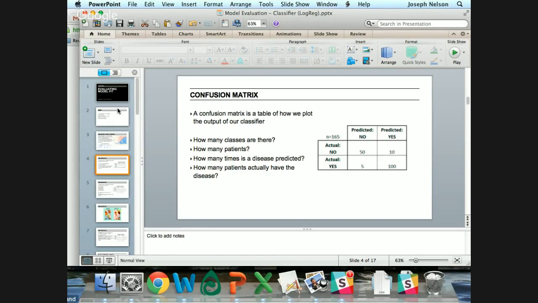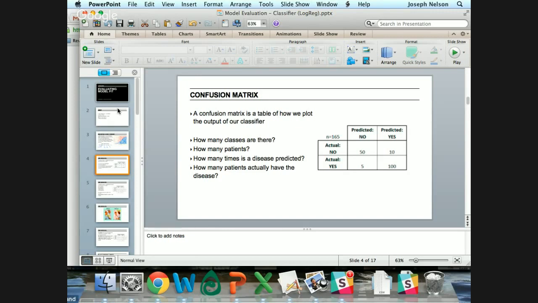Yes and no. Yep. How many patients? How do you know? Yeah. And how many times is the disease predicted? How did you get that? Added up. So you added up.